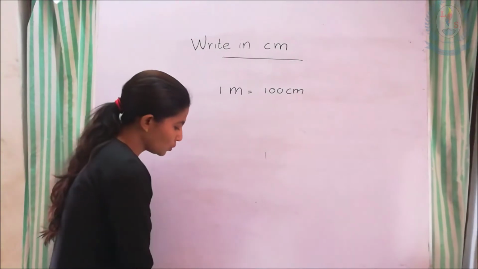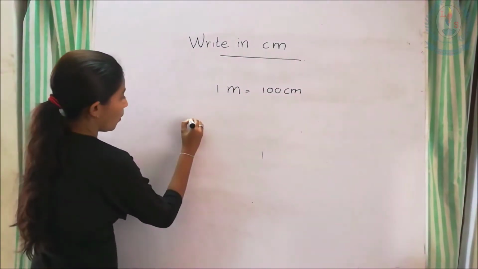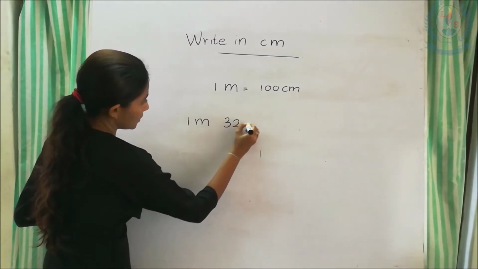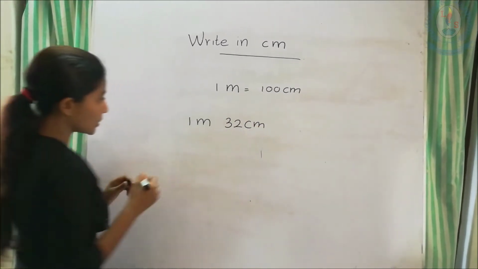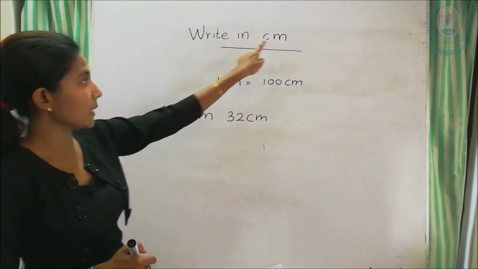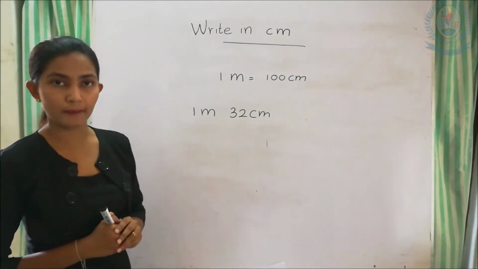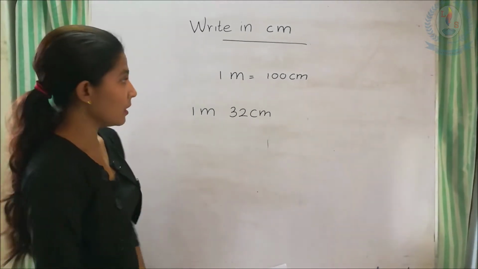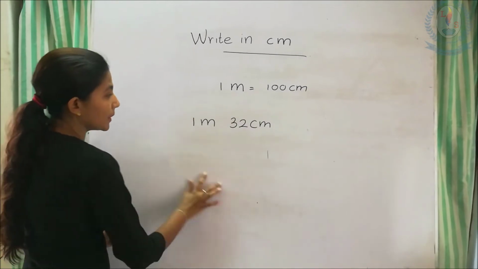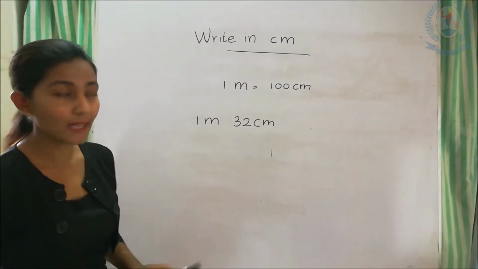Now, you are getting a question: 1 meter and 32 centimeters. The question is asking you to write this whole number in centimeters. Now, let's see how to convert this number into centimeters.